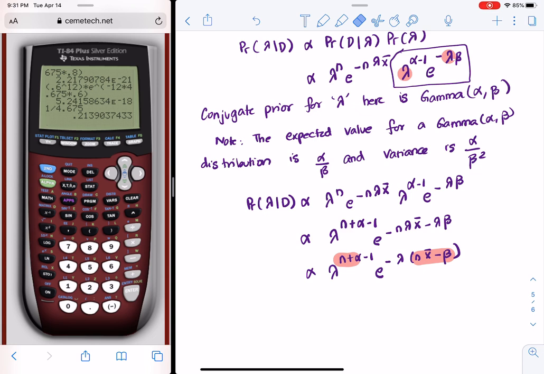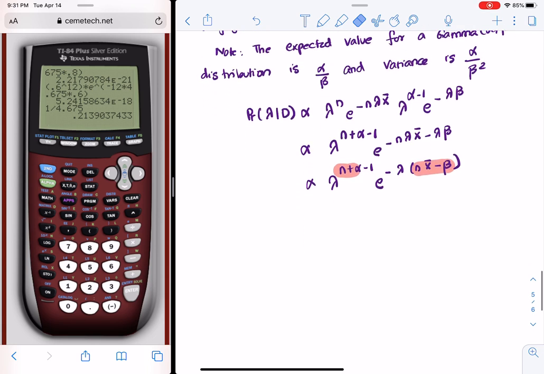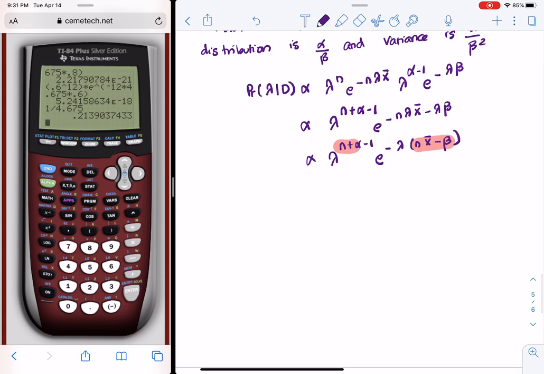And if we take a look at the current expression, alpha is getting replaced by n plus alpha, and beta is getting replaced by n times x bar minus beta. So the probability of lambda given the data in this case is proportional to a gamma distribution with n plus alpha and n x bar minus beta as the parameters.